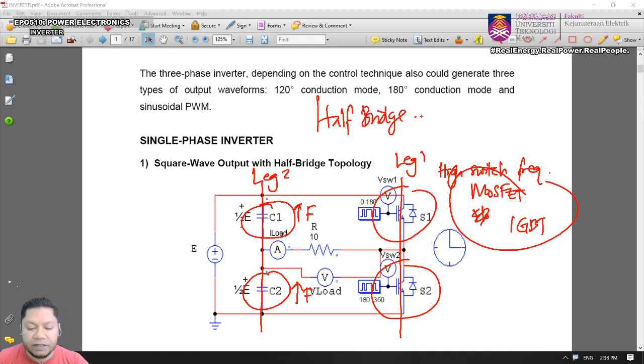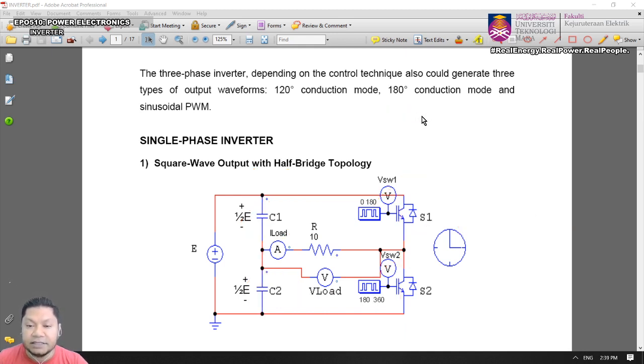Okay, the second topology that we're going to discuss is the full bridge, whereby you replace this capacitor with another MOSFET. So there is no capacitor in the circuit, and both legs have switches. All components are switches, which are MOSFET or IGBT.